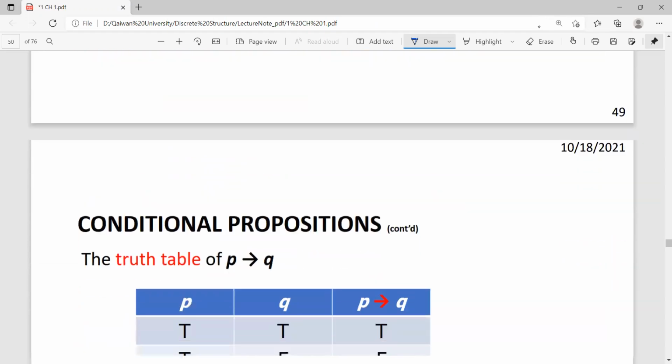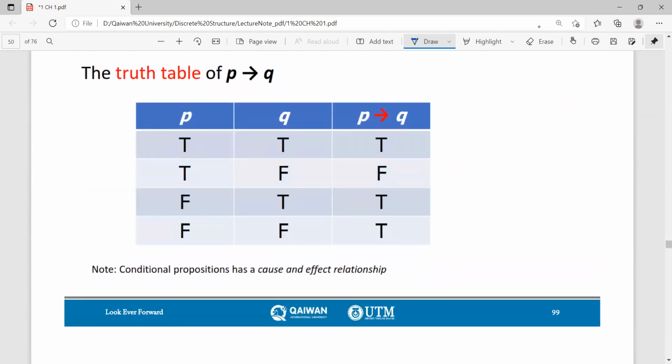Look, the truth table for conditional propositions. As you have two variables, that means you have 2 to the power 2 statements, which is 4 statements. Half of them is true, and the second half is false.